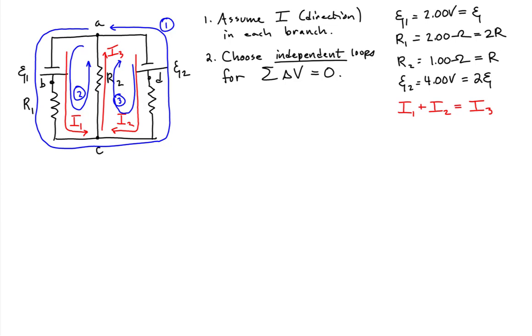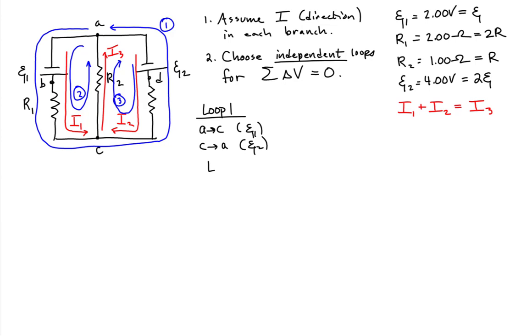Let's just propose that loop 1 is one of our independent loops. Loop 1 contains the branch from A to C, going through battery 1, and it contains the branch from C back to A, going through battery 2.